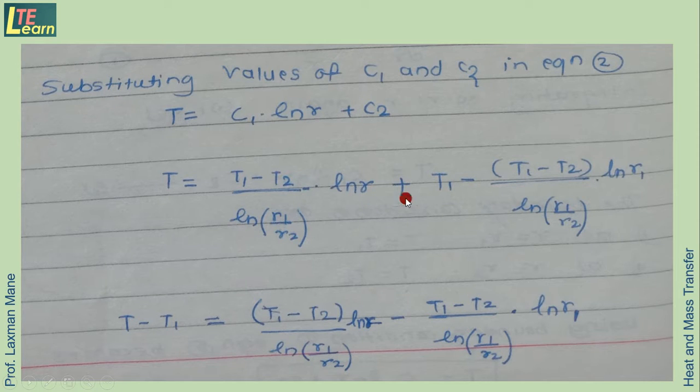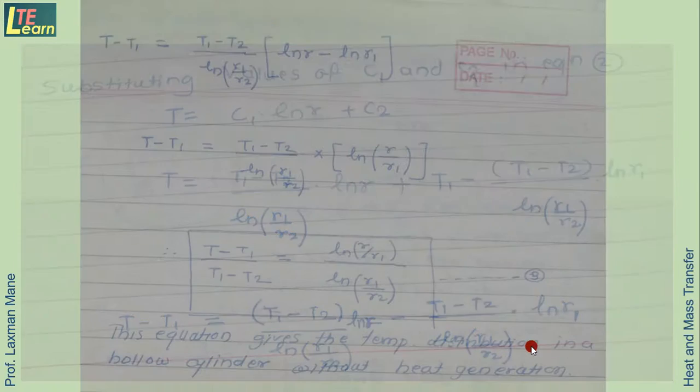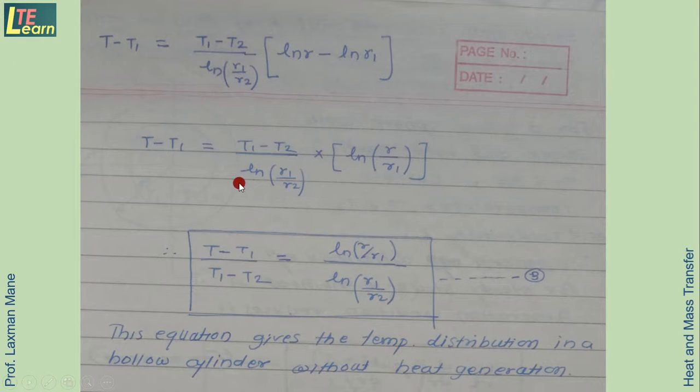This T1 term we take on the left side, so it becomes T minus T1. On the right side, the remaining term is T1 minus T2 divided by ln R1 by R2 into ln R minus this expression. Now in this case we find that on the right side we can take T1 minus T2 over natural log R1 upon R2 as common.